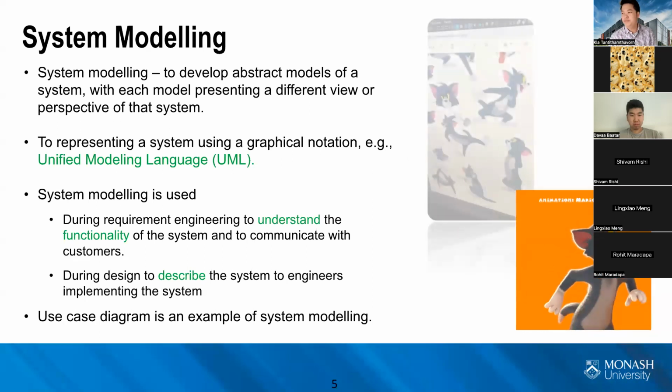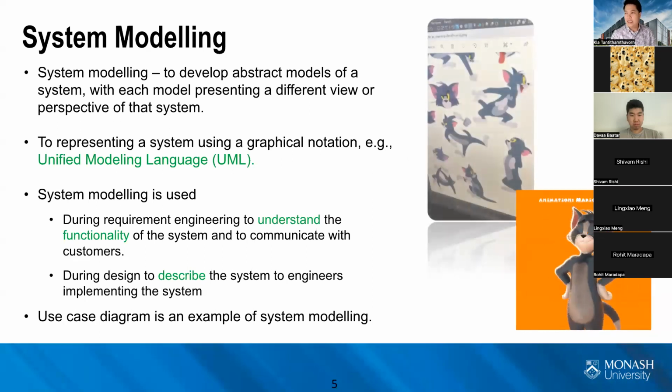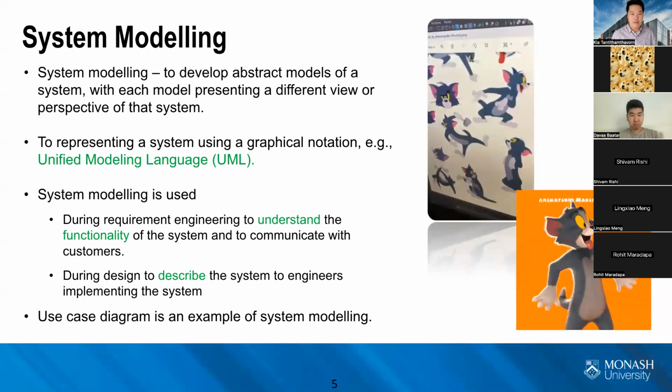Analysis. Software is not just one Python code or one Java file. It's extremely large. When we talk about a real software system, think about a mobile banking application or an ATM machine. It involves lots of components inside the software.